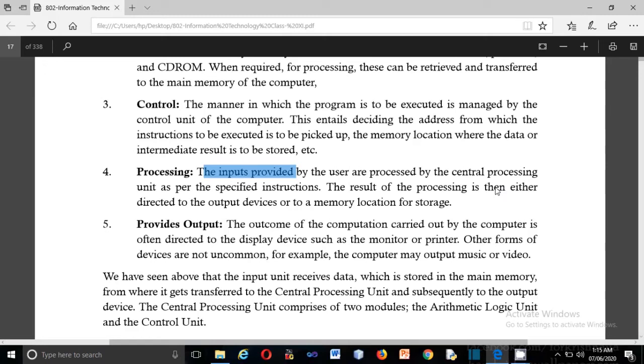That is the last point, provides output. The output of the computation carried out by the computer is often directed to display devices. The output could be music, video, or text, which you can see in front of the display.